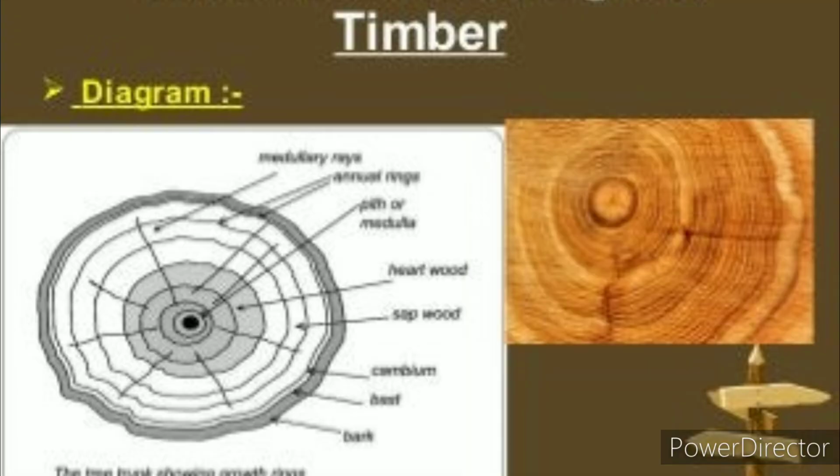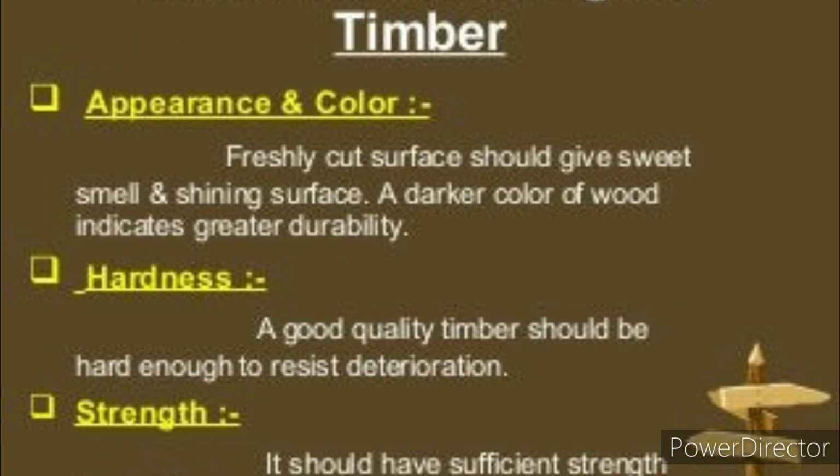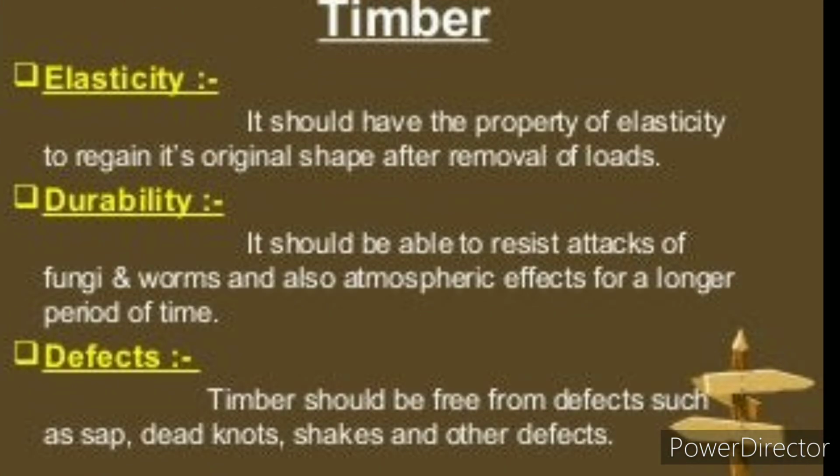Some of the properties of timber that make it suitable for woodwork include: 1. Appearance. A freshly cut surface of timber should exhibit a hard and shining appearance. 2. Color. The color of timber should preferably be dark. A light colored timber usually indicates timber with low strength.